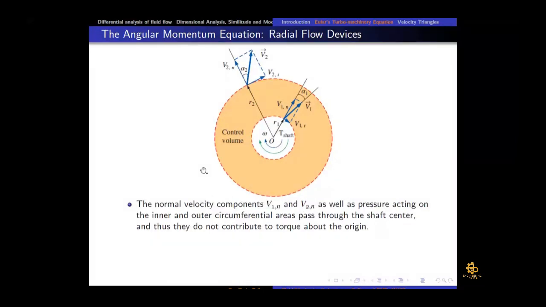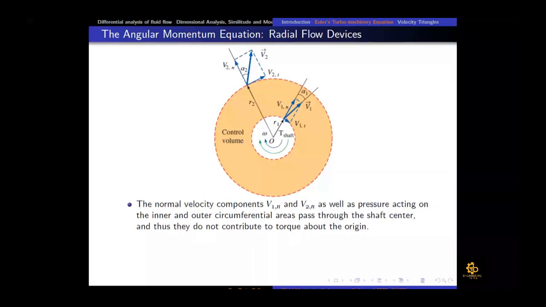And then the normal velocity components as well as pressure act on the inner and outer circumferential areas and pass through the shaft. Now, one thing, only the tangential component is responsible for the torque or moment. The normal velocity components, because they are passing through the axis of rotation, have no moment arm for V2n and V1n. So the R value is 0 for that, and they are not going to produce any contribution to the torque.